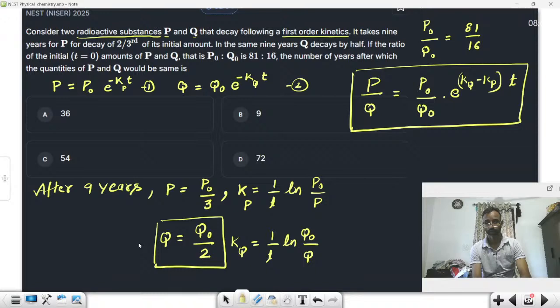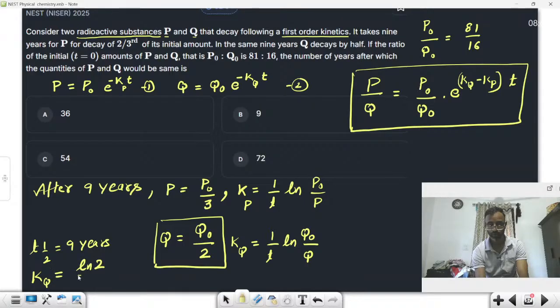In this case, for q, 9 years is the half life. So what is the relation between kq and half life? kq is equal to natural log of 2 upon 9.